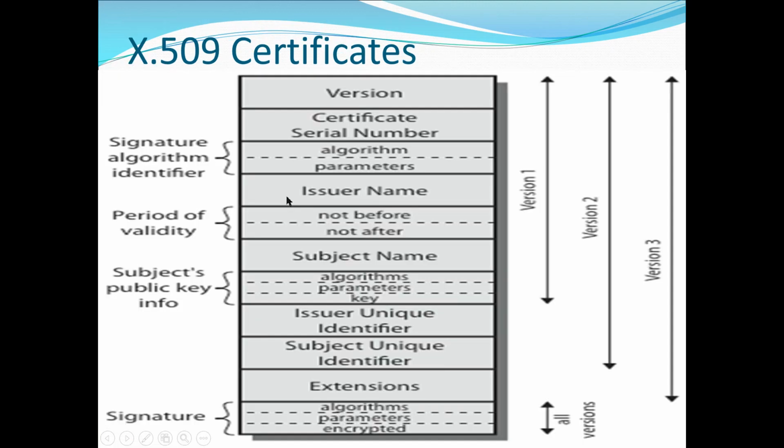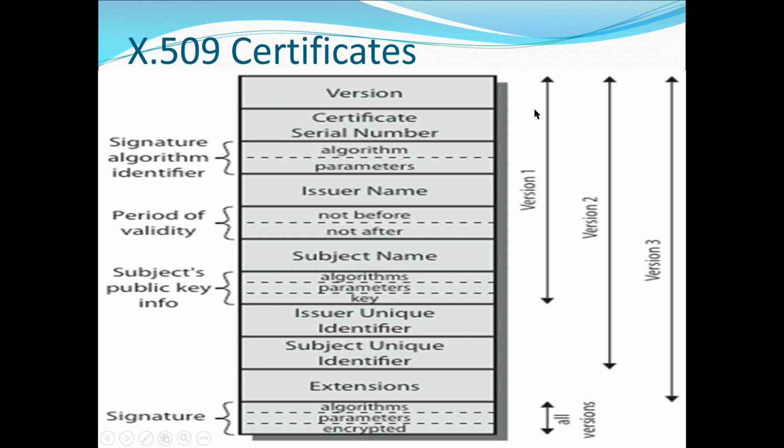अब हमने देखा कि 3 तरह के वर्जन्स थे, वर्जन 1, वर्जन 2, वर्जन 3. तो कैसे कैसे उसमें एडिशन होती गई देखो. तो अभी हमने देखा कि क्या क्या इंफॉर्मेशन रहती है. तो वर्जन, सर्टिफिकेट का सीरियल नंबर, whatever the algorithm used, पैरामीटर, इशूअर नेम, not before, not after, these are the validity. सब्जेक्ट का नाम किसके लिए हम लोग देने वाले हैं वो, और ये एल्गोरिदम, पैरामीटर और की.